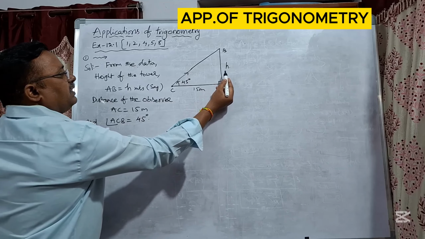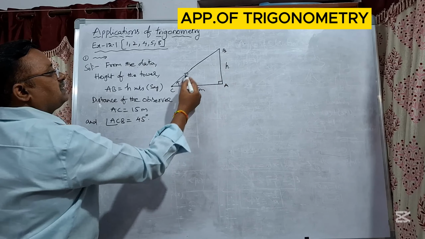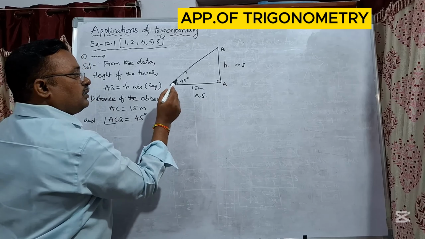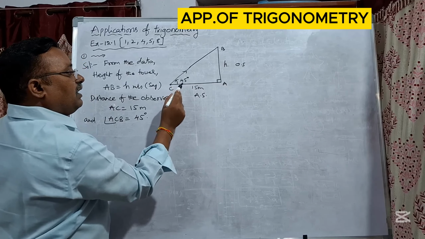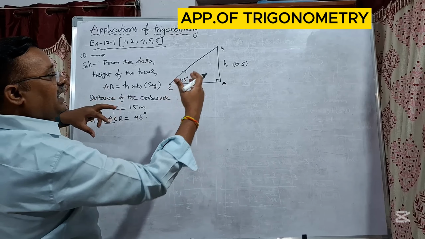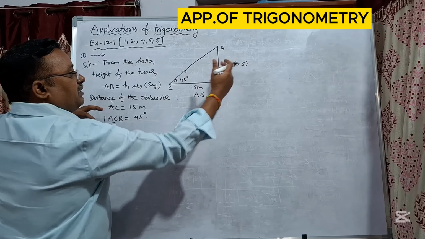So to find out the height of the tower, utilize the data. How to utilize the data? My vision is, clearly it is a right angle triangle and the angle is given. For this given angle, the given side is the adjacent side. I want the opposite side. When I know the angle and its adjacent side, and I need the opposite side, relate the angle, given side and required side.